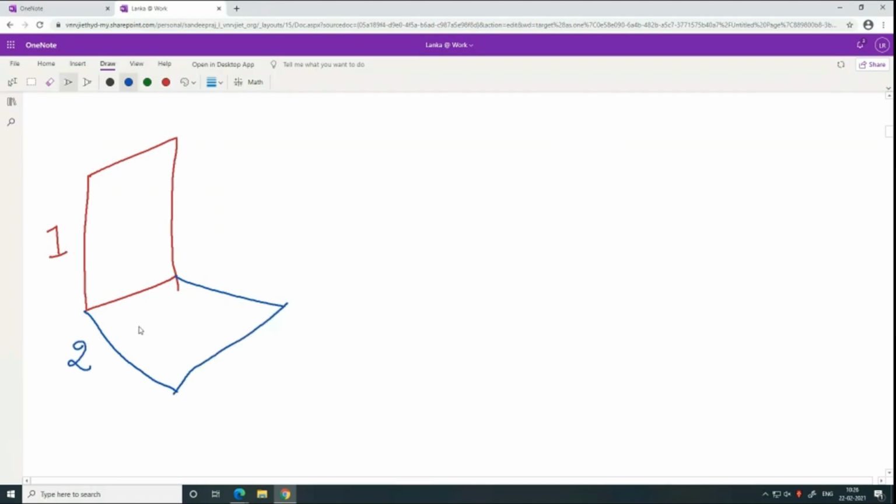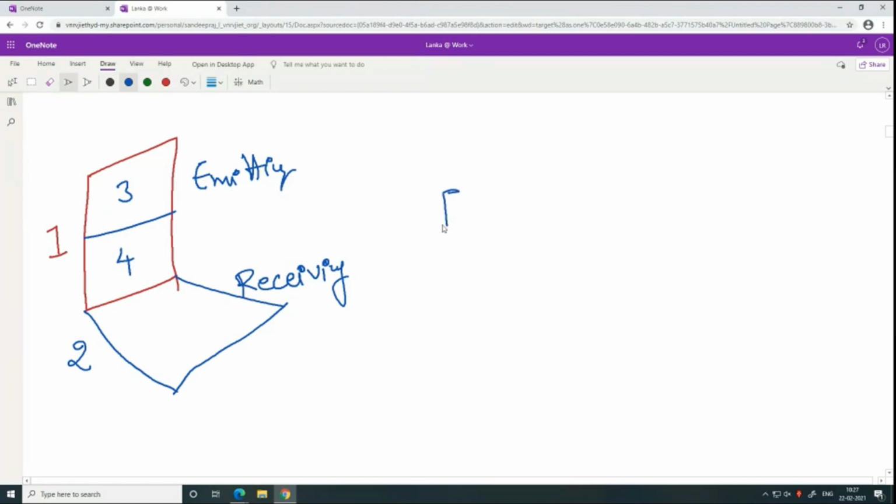This is my body two. Now I will divide body one into two parts and call this part 3 and this part 4. Let me call this the emitting body and the other the receiving body.